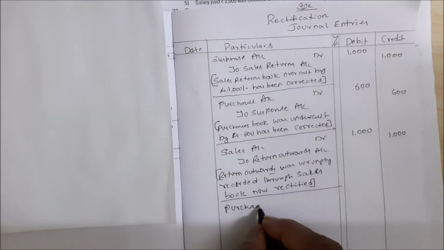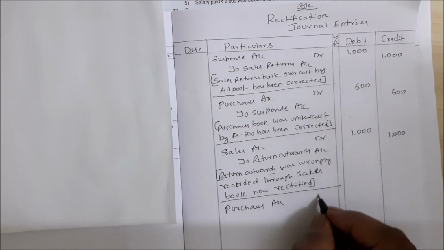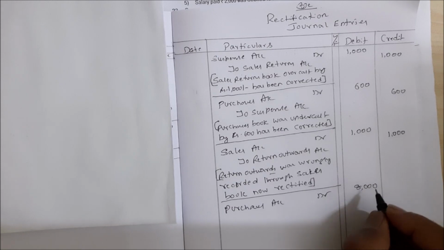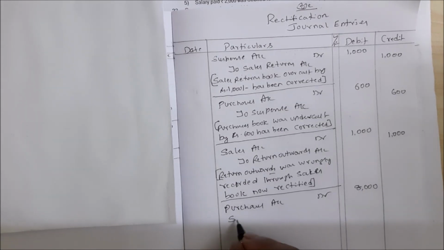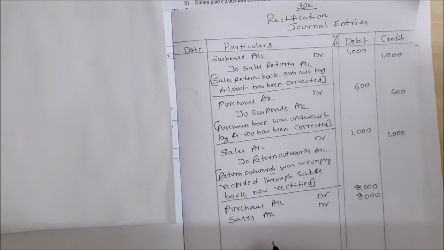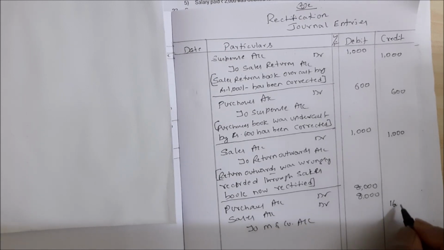Purchases account debtor 8,000. Then cancel sales account debtor 8,000 to M and Company account 16,000.